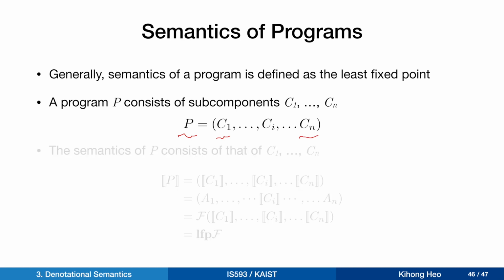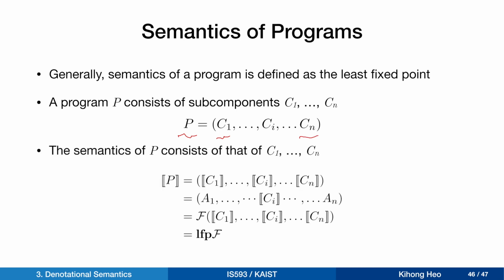Then the semantics of program P is also defined as a composition of the semantics of each component, like this. Then some of the semantics will be simplified like this, A1 to An, as we see the semantics of skip or assignment and so on.